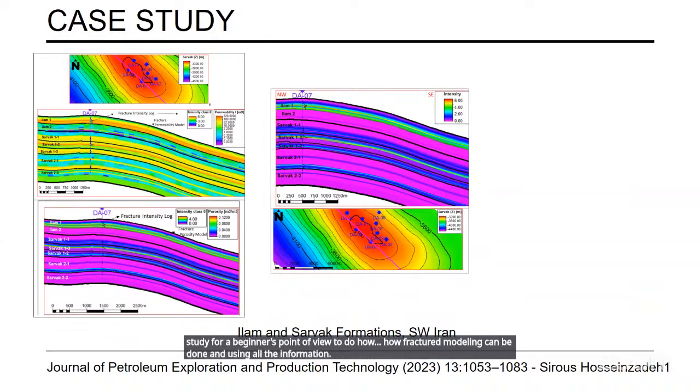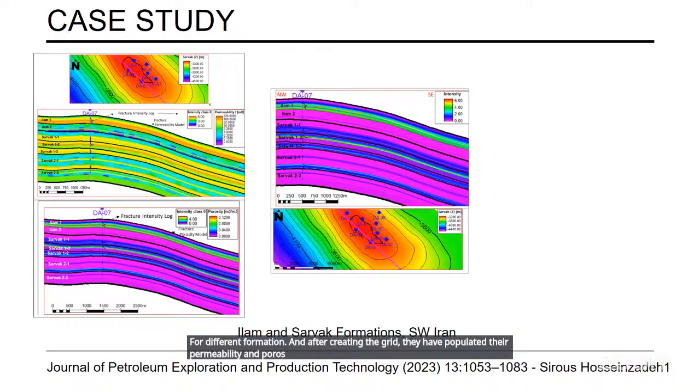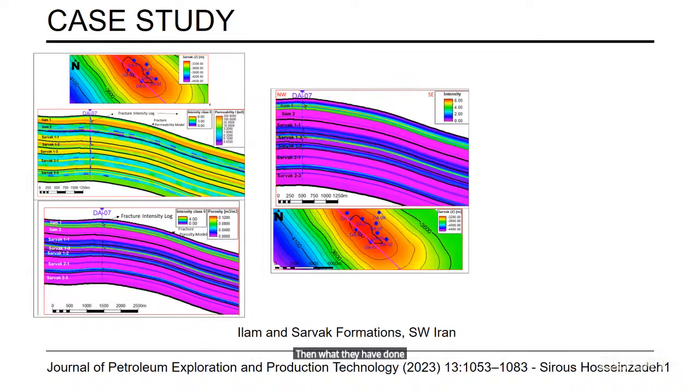After doing the interpretation and velocity modeling, they created a grid for the different formations. After creating the grid, they populated their permeability and porosity using a particular attribute. Then there is something called fracture intensity.